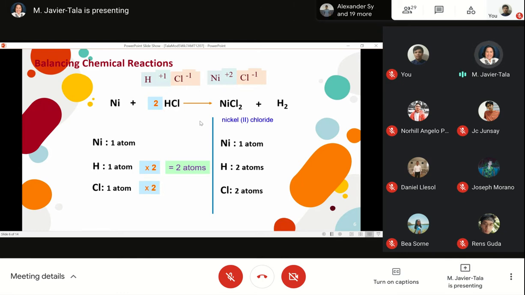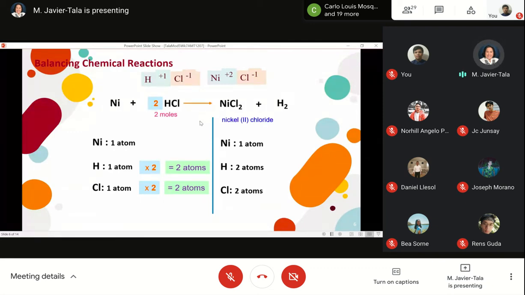So it means your chlorine will also be multiplied by 2. So there will be 2 atoms. So as you can see here, the 2 that you wrote in front of hydrochloric acid or hydrogen chloride will be read as 2 moles.